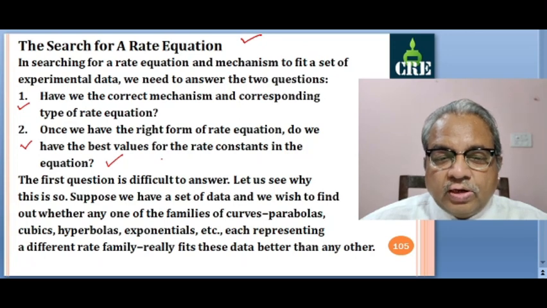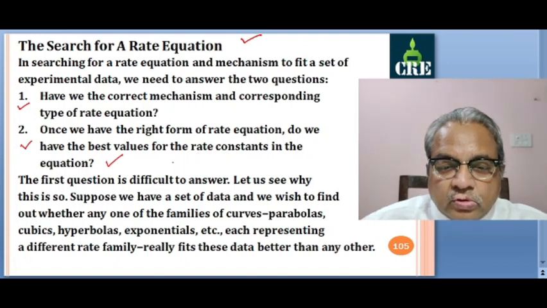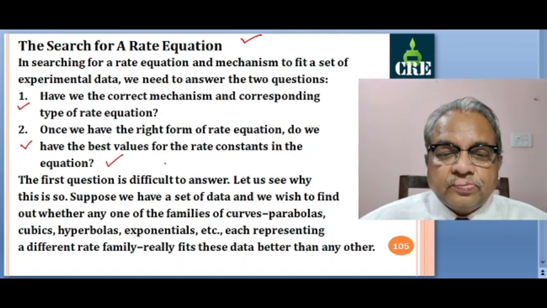So we can calculate the value of the slope, and from the slope you can always calculate the value of k depending upon which order kinetics it is. If it is reversible, then you have to determine k1 as well as k2. For that we have the information about the equilibrium.